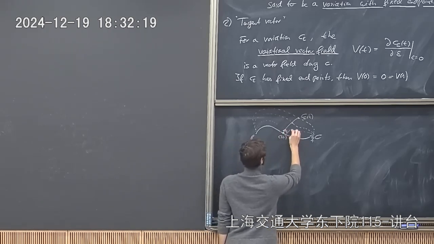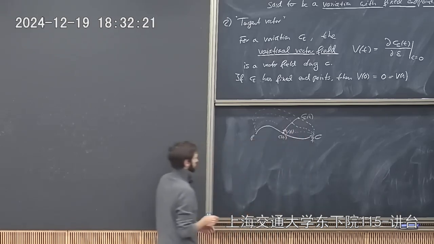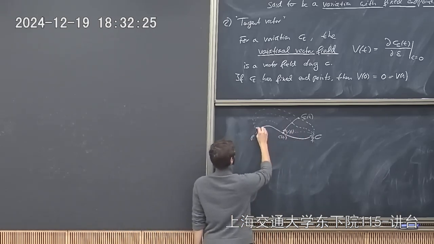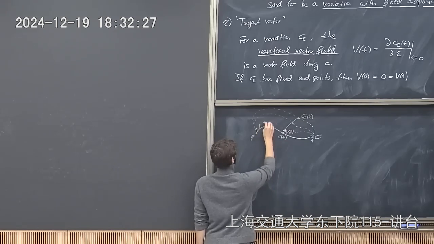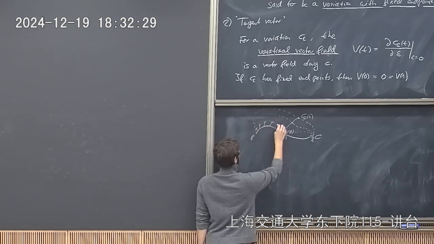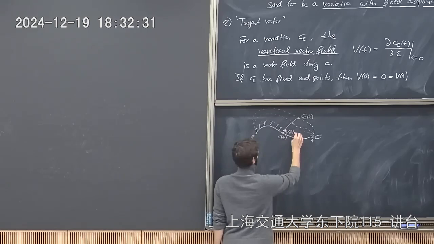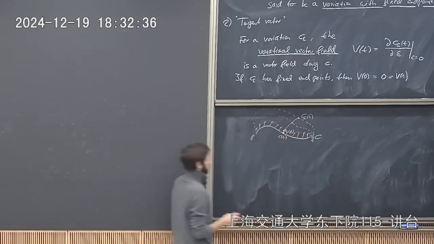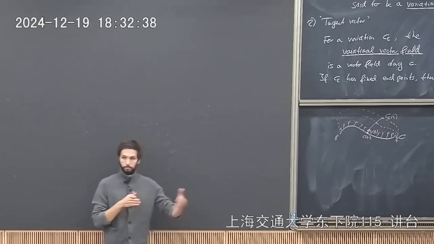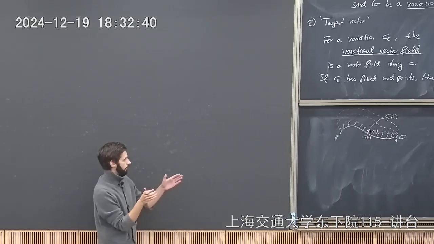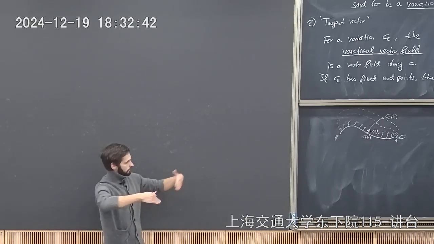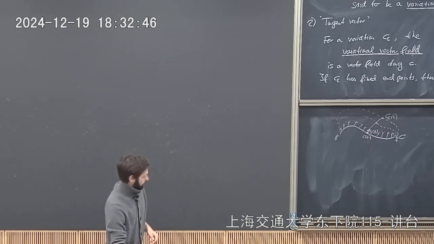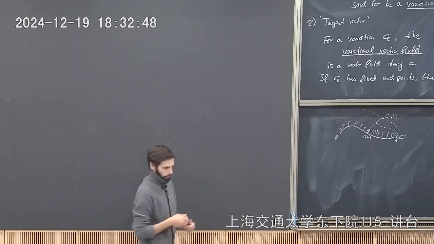That would be V of t. Now you can do that at every point. What you get is a vector field along the curve, and that gives you some infinitesimal deformation of the curve. It says infinitesimally how much I deform the curve at a certain point and direction.